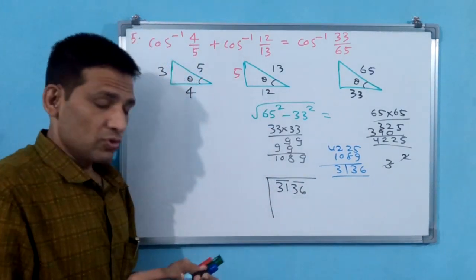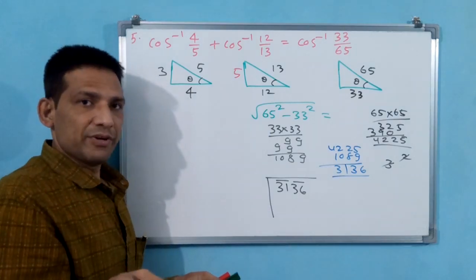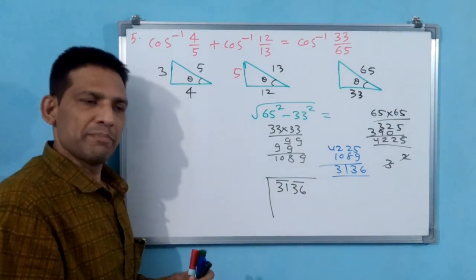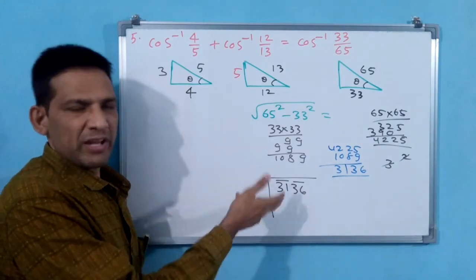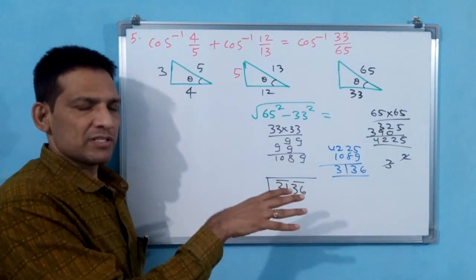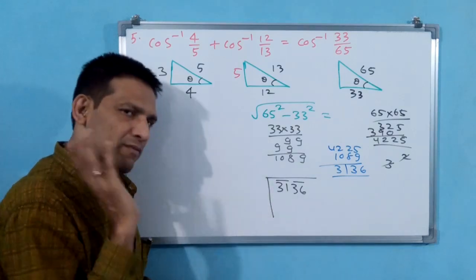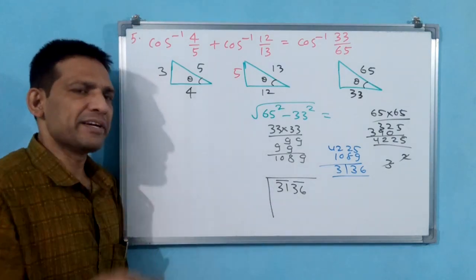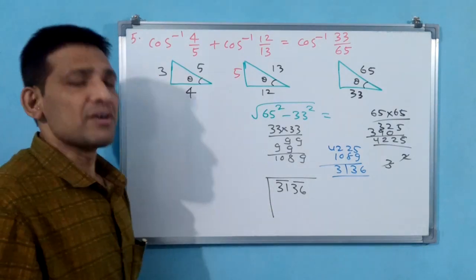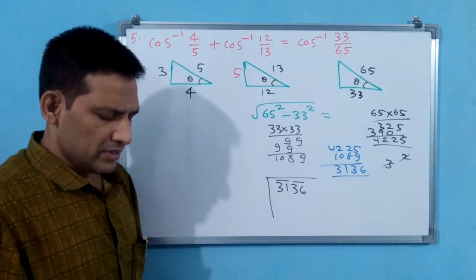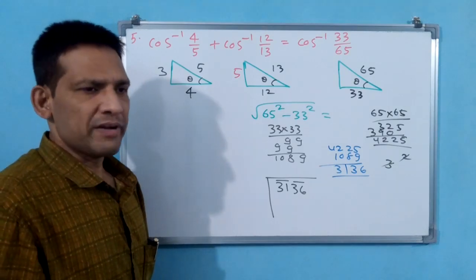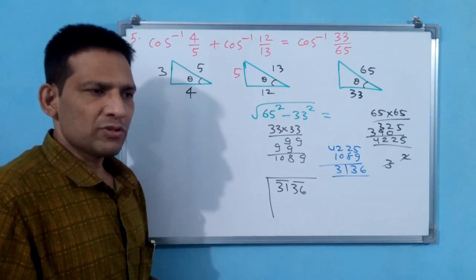This procedure I have explained in my basic videos. 7 basic videos I have made. Please watch those basic videos: finding square root by long division method, by factorization method, finding cube root by factorization method. All I have explained in my basic videos. Surds, indices, and logarithms, or somewhere else I think I have explained. Please watch those 7 videos. Why? Because my videos are like a course.